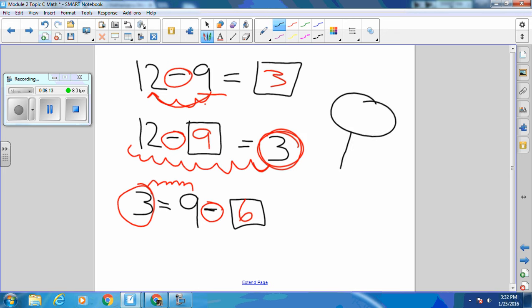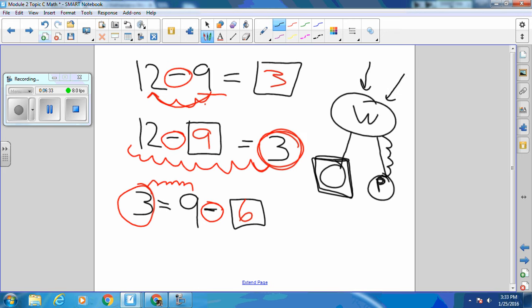Because a subtraction problem is nothing more than whole minus a part. I have to find the missing part. And the way I solve that is I grab my part and I count up until I get to my whole. And this is why number bonds are so super important.